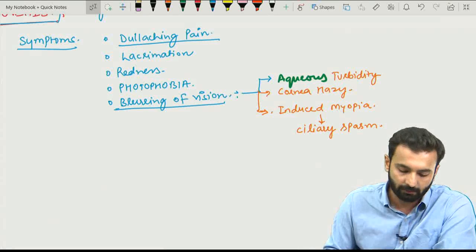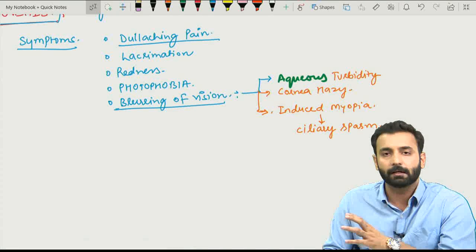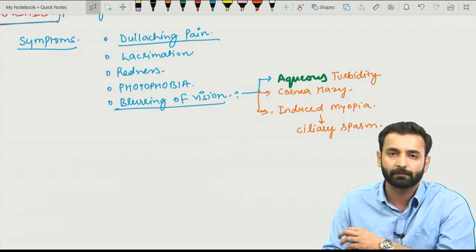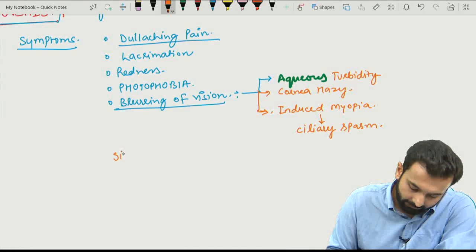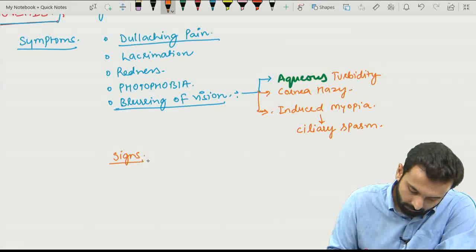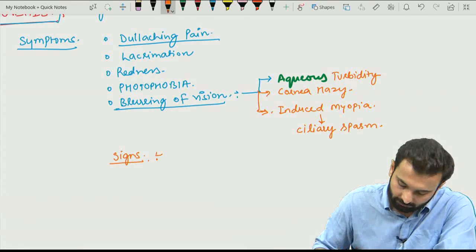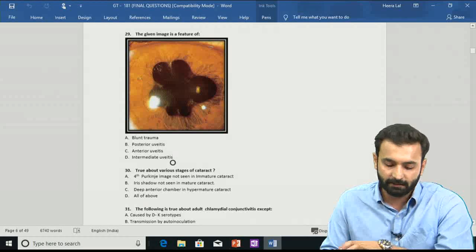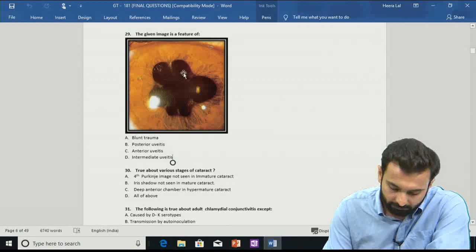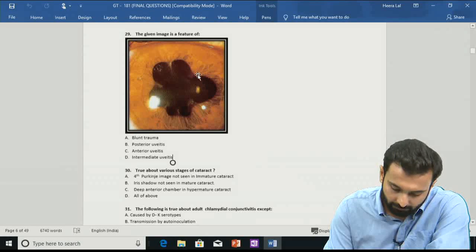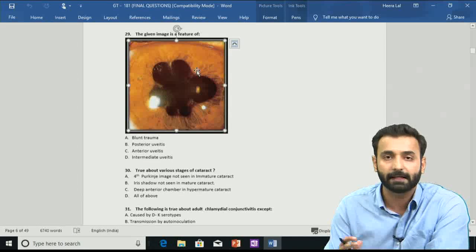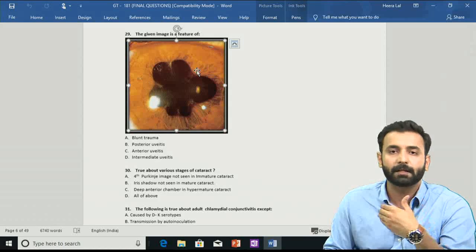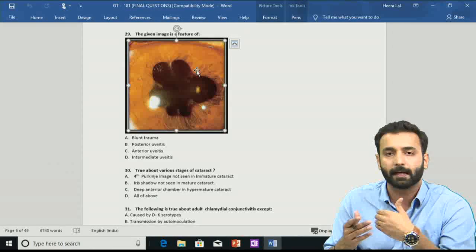Now coming to signs. The patient is examined on slit lamp biomicroscopy. Now let's see the question. In this image, you can appreciate there are adhesions of the pupillary margin with the anterior lens capsule.